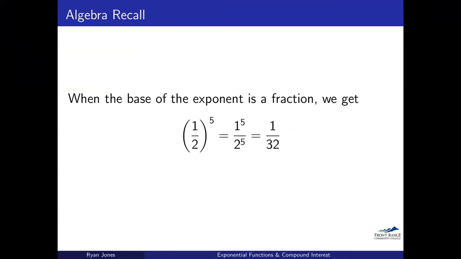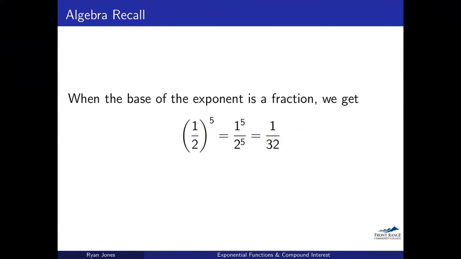A little bit more algebra recall. If you have a fraction as your base, and then you raise it to some exponent, you can distribute that exponent into each part. So if I had 1/2 raised to the 5th, that's the same as 1 raised to the 5th divided by 2 raised to the 5th. 1 raised to the 5th is 1, 2 raised to the 5th is 32, and so we get 1 over 32.